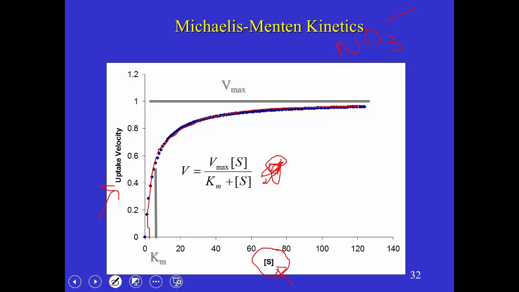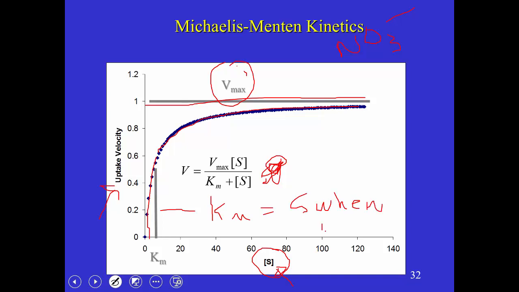And here it's based on a Vmax, the maximum uptake velocity, and also now the half saturation constant, which is the substrate at which the velocity is half of Vmax. So Km is the substrate when V equals 1/2 Vmax.